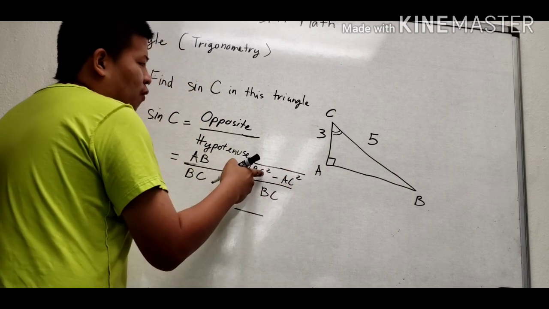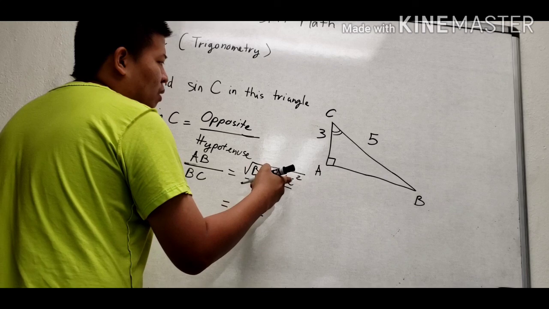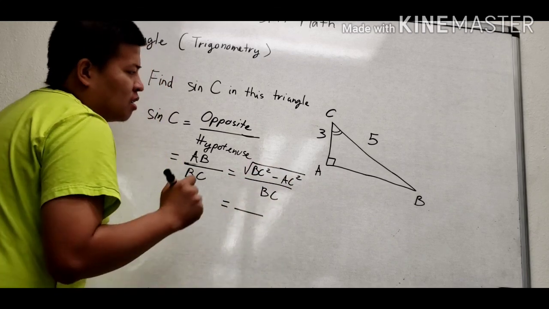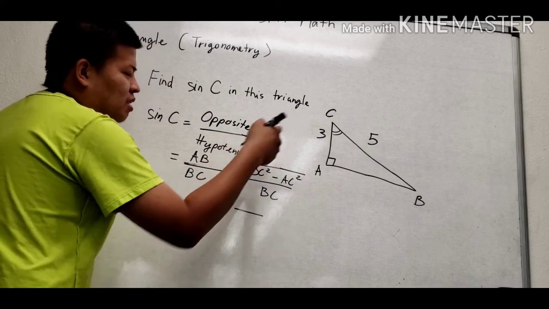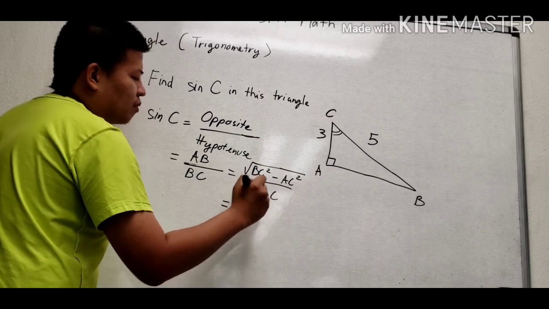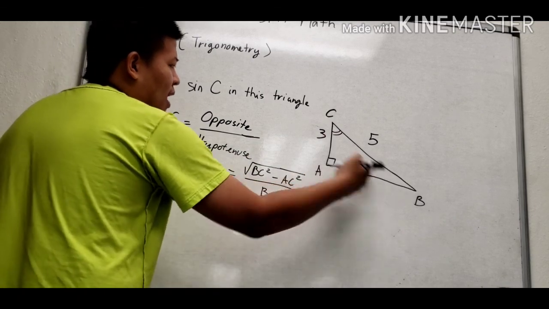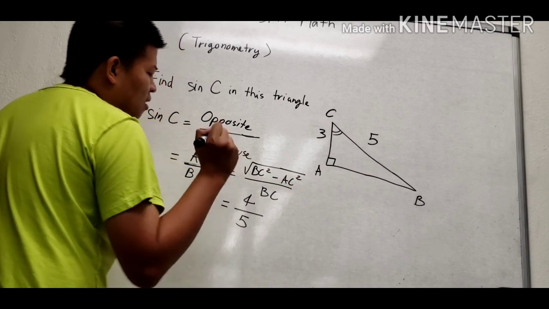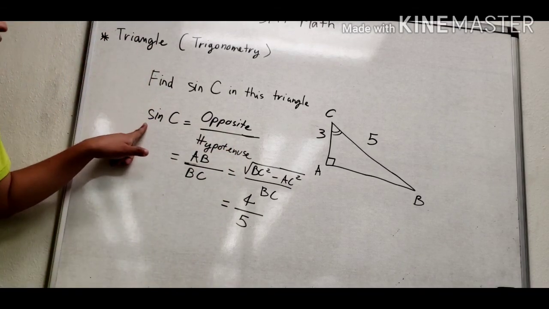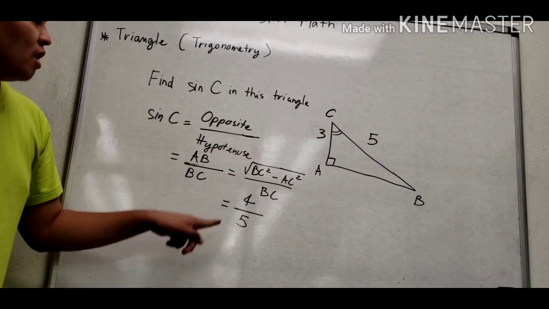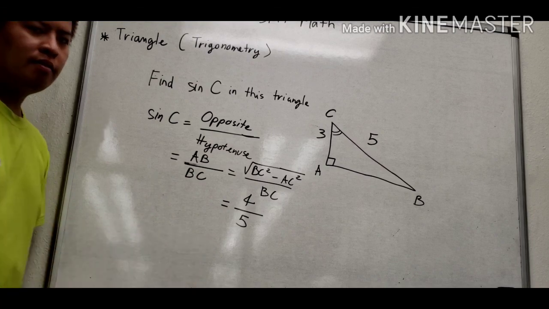The square root of 5 power 2 minus 3 power 2 is about 16. The square root of 16 is about 4. BC is about 5. So sine C in this right triangle is about 4 over 5.